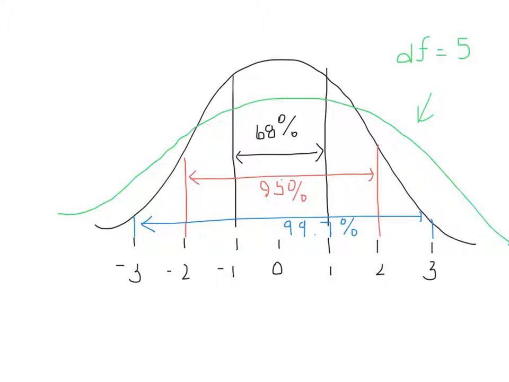Well, if I want to capture the middle 95% of this green t-distribution, I'm going to have to go further out than just 2 standard deviations like I would if I were in the normal curve. And that's because I have to recognize that this curve is flatter in the middle and fatter in the tails. So I'm going to have to go out a greater number of standard deviations to capture the middle 95%.